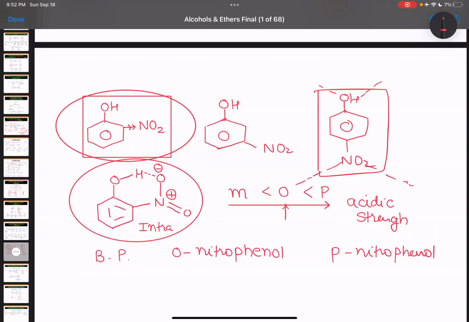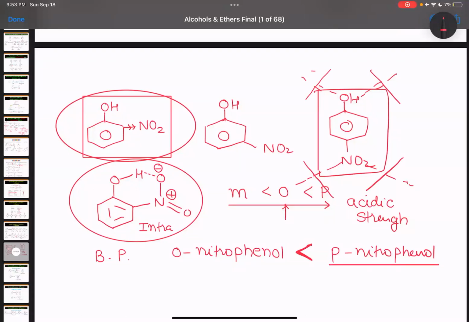Actually, suppose all the molecules are joined to one another, and if you want to boil them, will it be easier or more difficult? Difficult, yeah, because you need to break their associations. So you need to put in more heat. So the boiling point is higher for para-nitrophenol. Is it clear? Yes, sir.